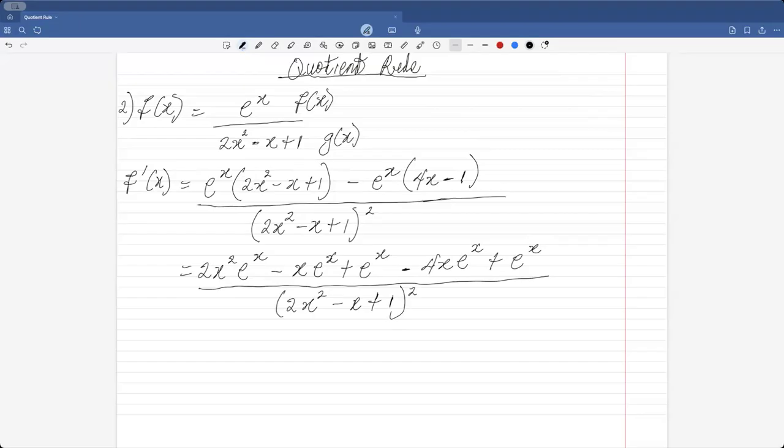So we can see that e to the x is common at the top among everything.